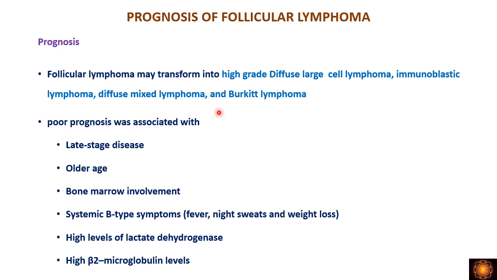Poor prognosis in follicular lymphoma is associated with late stage of the disease, older age group, bone marrow involvement, systemic B-type symptoms like fever, night sweats and weight loss, high levels of lactate dehydrogenase, and high beta-2 microglobulin levels. So these all are indicators of poor prognosis.